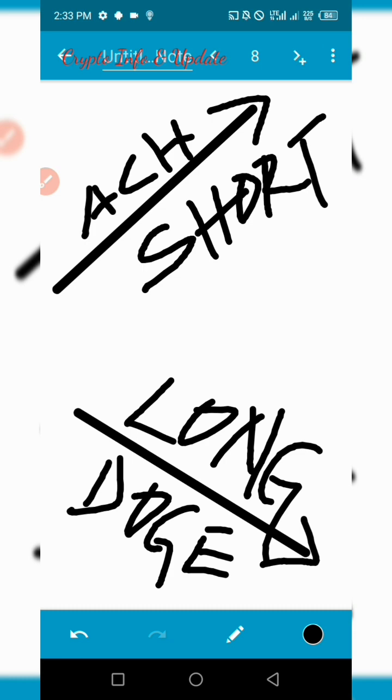Conditions like, after you've implemented the strategy and you now have a live trade, let's say ACH and Doge, they are running, and then you leave your trade. You weren't monitoring or watching over your trade. You just left it and maybe went to do other things, or you went to sleep.